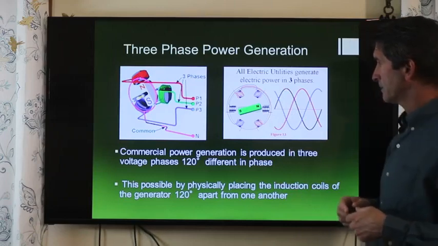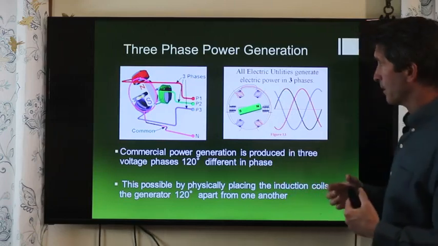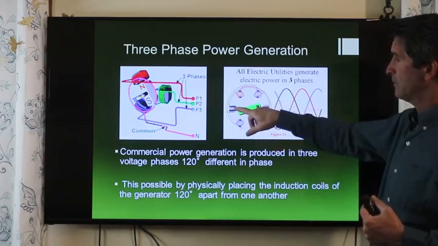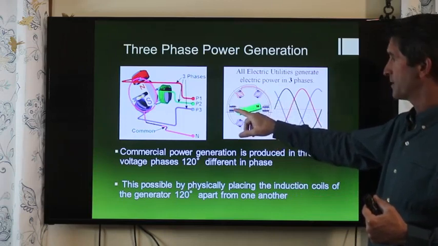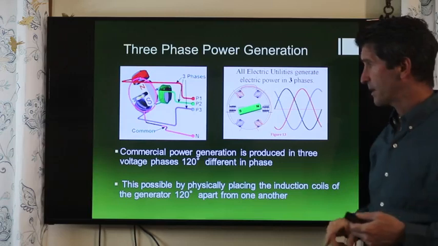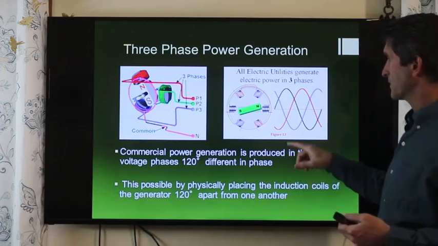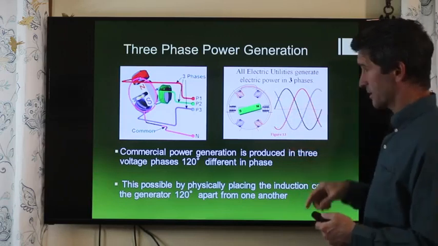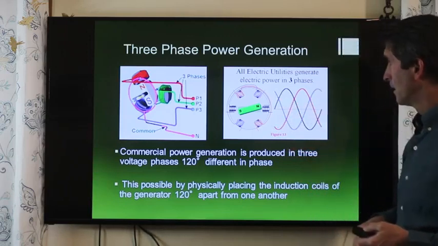So, the way this is generated at a power plant is with a three-phase generator. One phase is shown in black right here, reaching its maximum potential. At the same time, another phase is losing its potential, and another one's going to start ramping up right here.